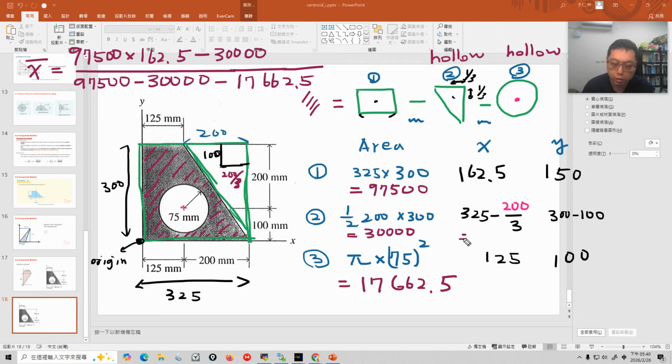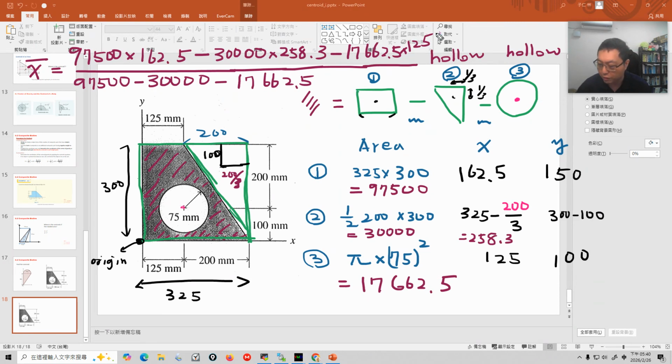This should be 5.3, so it's 258.3, and the next one is also minus, 176.25 times the x coordinate, 125.